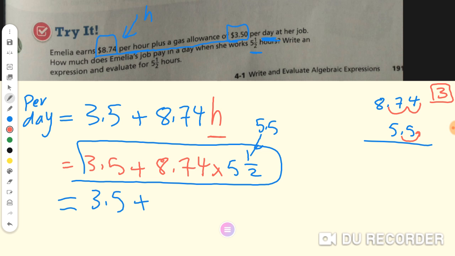Keep it here, please. Now the number will become, directly without any point, 874 multiplied by 55. After we calculate it, we will return the points back, but wait until you finish it.